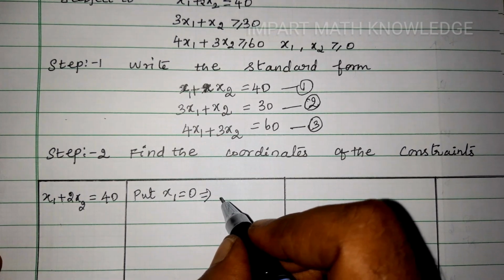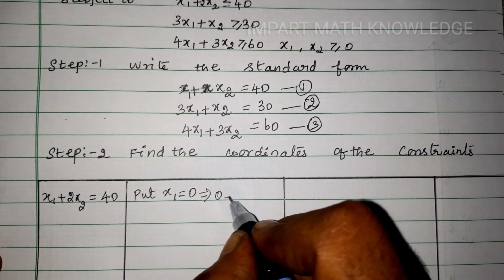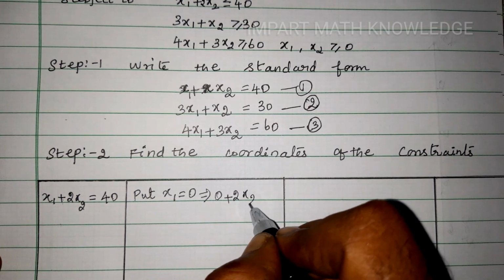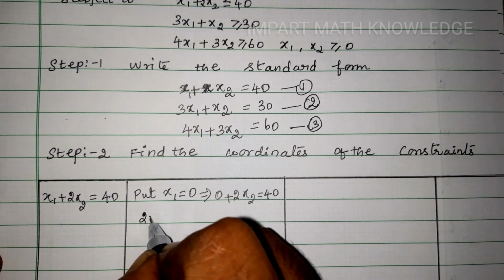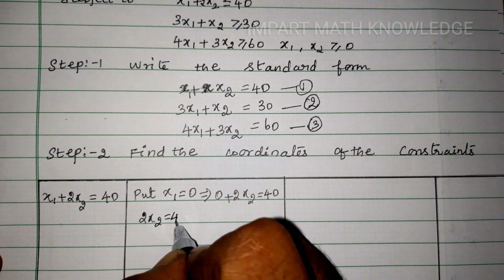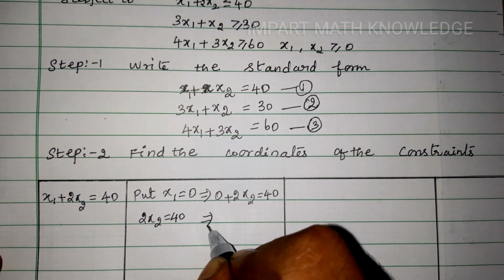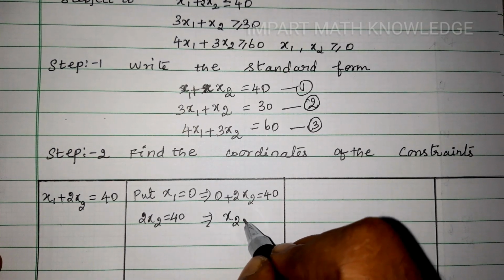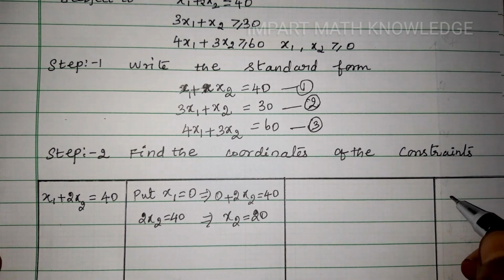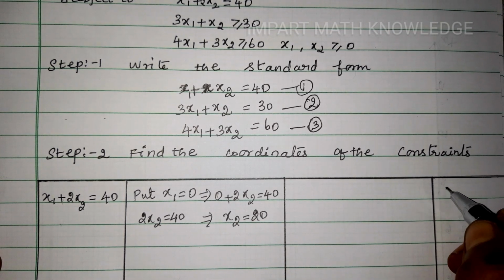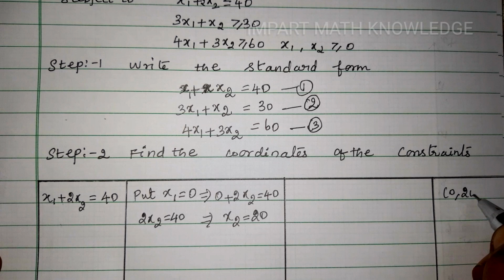Then your equation becomes 0 plus 2x2 is equal to 40. That is 2x2 is equal to 40, that is x2 is equal to 20. So the coordinate is 0, 20.